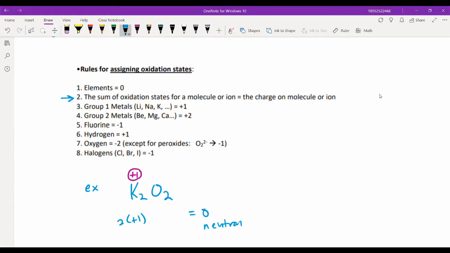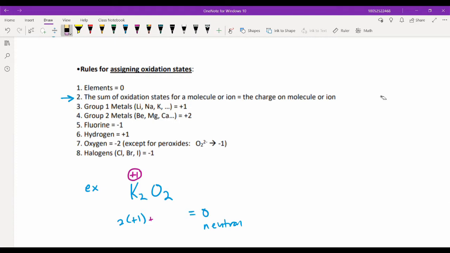If you assigned oxygen as -2, that's actually incorrect, because you would have 2 times -2, and that would not add up to 0. That's why we want to assign potassium first.